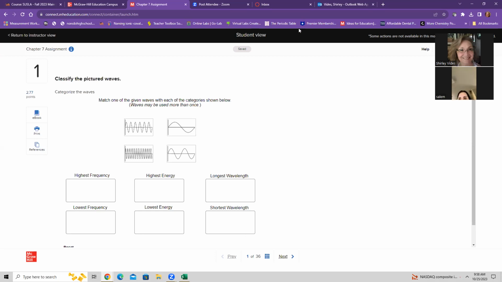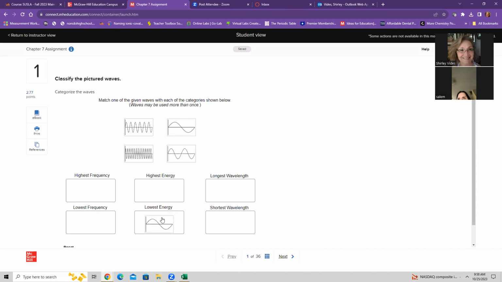If you have a wave and the wave is really wide, like this one, think about how lazy it feels. Lazy, yes? Okay, so lazy wave means lowest energy. Isn't that cool? That's pretty simple. Lazy wave, lowest energy.